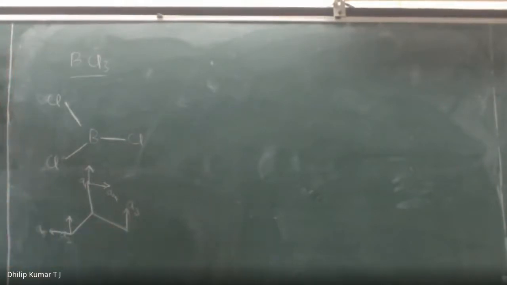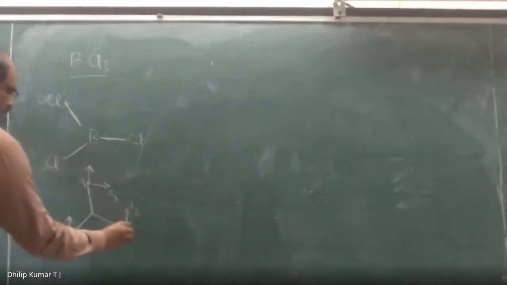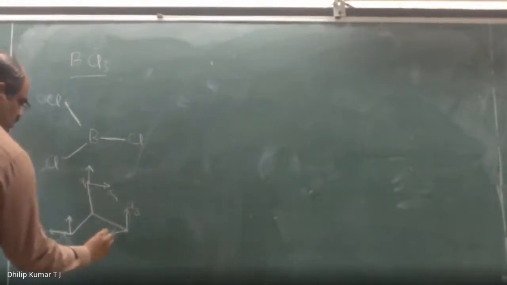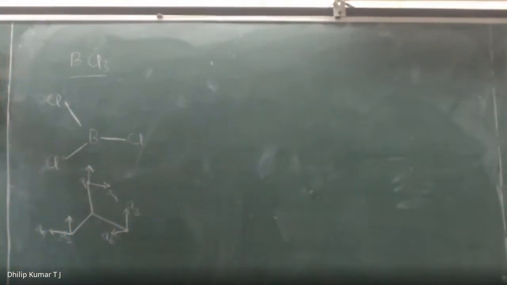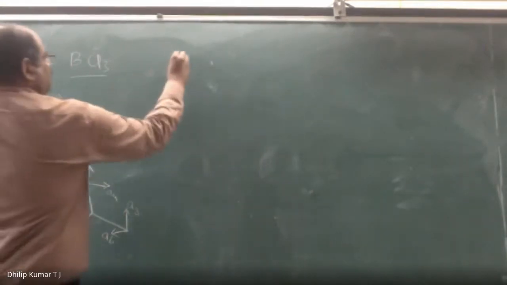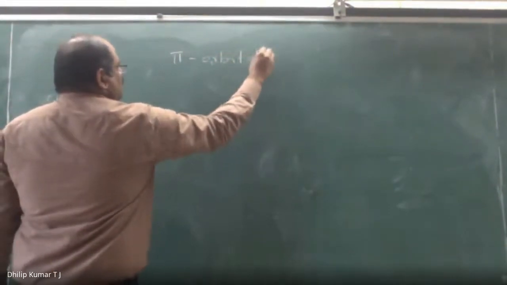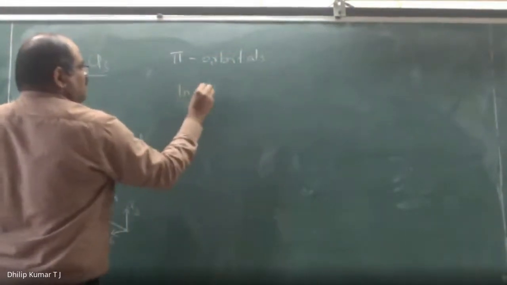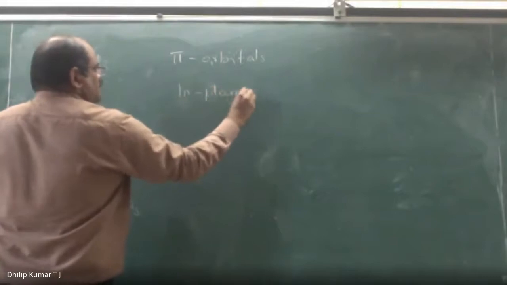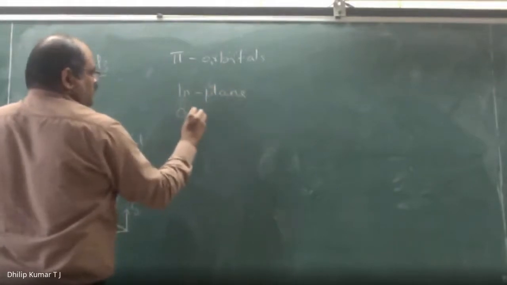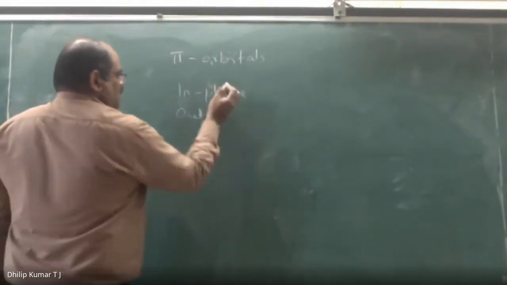This is clockwise, right? So basically, we are taking the pi orbitals, some of which are in plane and some out of plane.